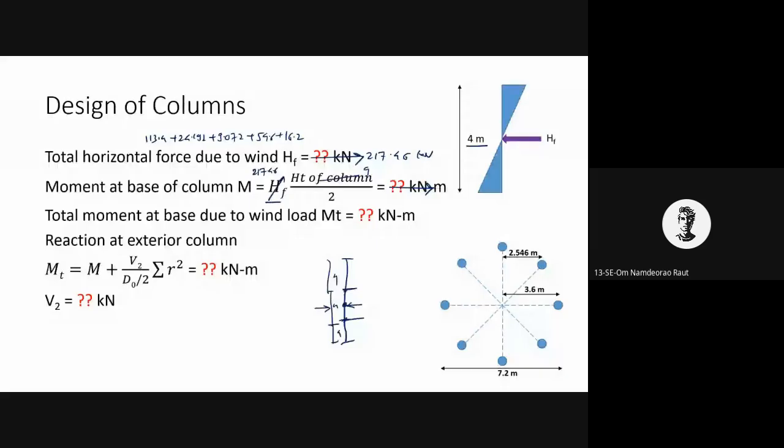The horizontal force we have calculated is 217.46. So the moment in the column is the horizontal force into the height of the column divided by 2. So this is 217.46 into 4 divided by 2. How much is this?